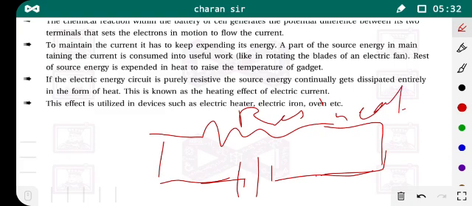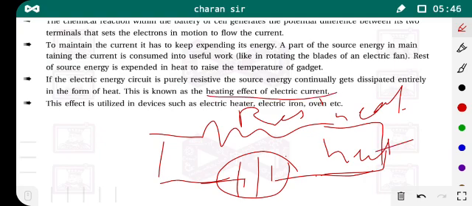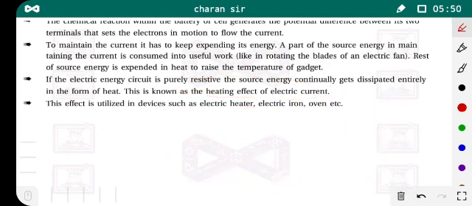More than 90% of the energy of the battery is lost or expended as heat. This is known as the heating effect of electric current, and this effect is utilized in devices such as electric heaters, electric irons and ovens.